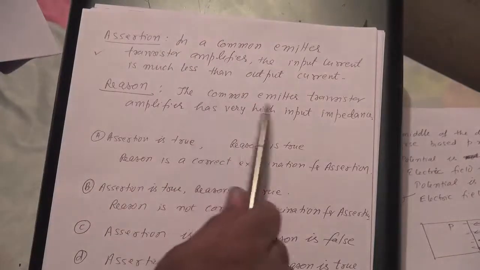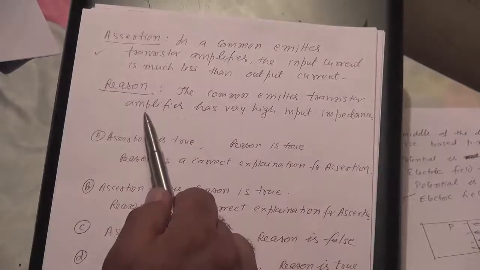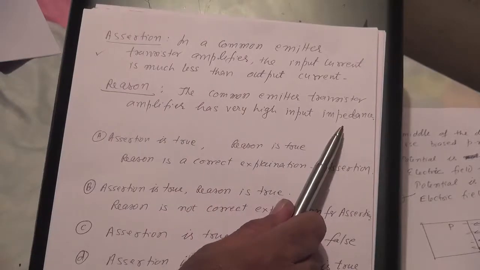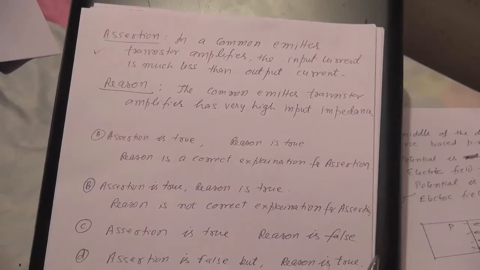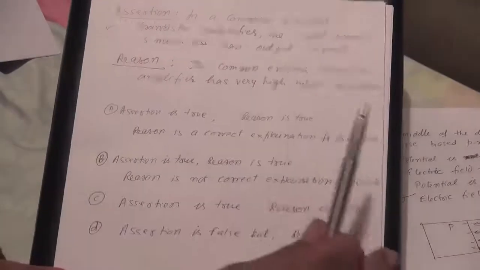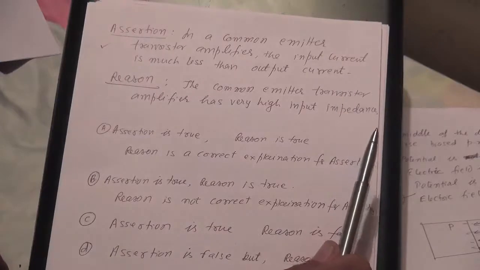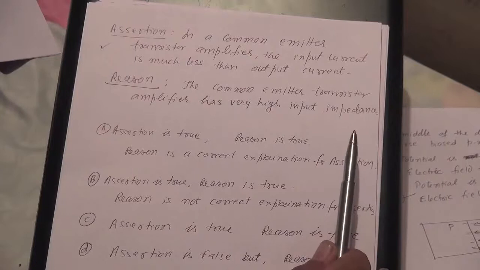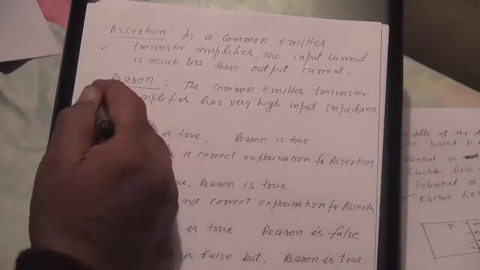It is given the common emitter transistor amplifier has a very high input impedance. Very high input impedance. No, this is wrong. We know that the small input current is due to the small cell or small battery we use in the input. That is the reason the current is small. So this reason is wrong.